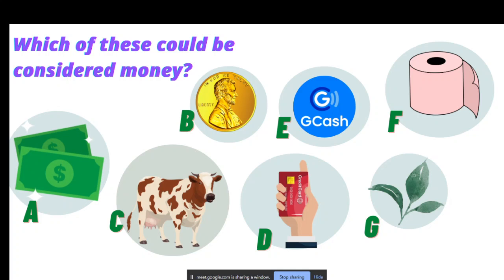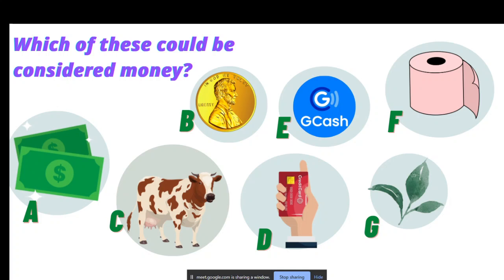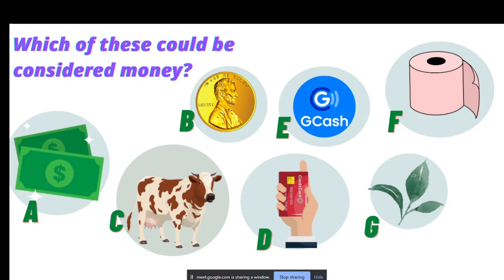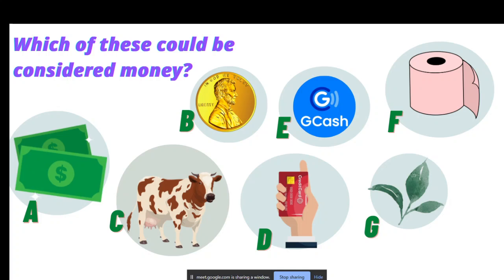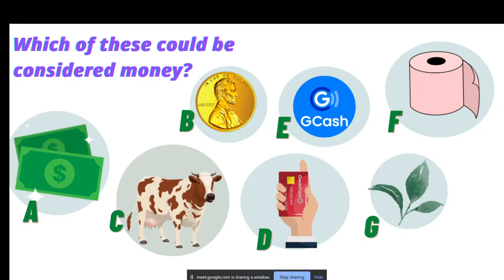Pero during, for example, there's a scarcity or a lack of toilet paper, like you're in prison, for example, tapos hindi na-deliver yung toilet paper, then it could be used as a medium of exchange. Kaya nga sa prisuhan, cigarettes could also be considered as a type of money in the sense that it's very scarce and people want it a lot, so they would exchange work, they would exchange other goods to get pieces of cigarette, right? And it's the same for toilet paper.